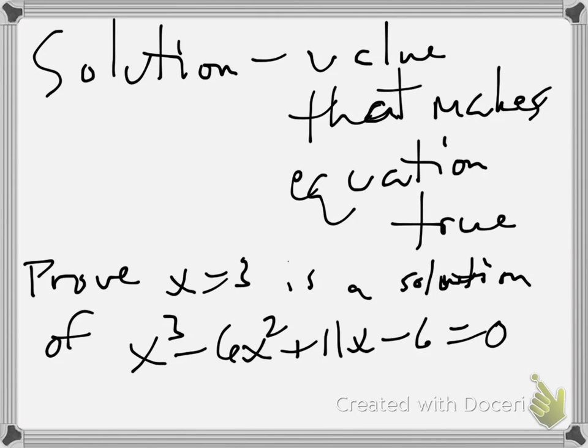All you have to do is plug in 3 for x and make sure that the left side comes out to be 0. Because you want 0 equals 0, that means 3 makes that equation true. And you guys have done that a million times before.